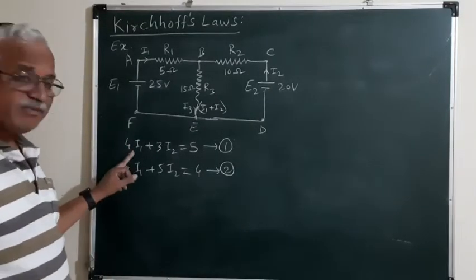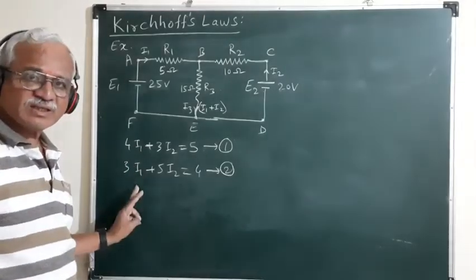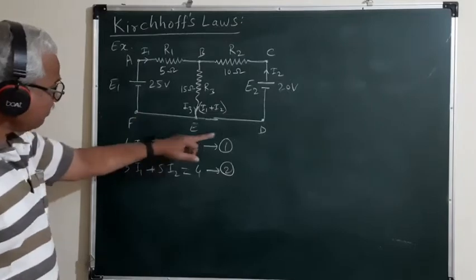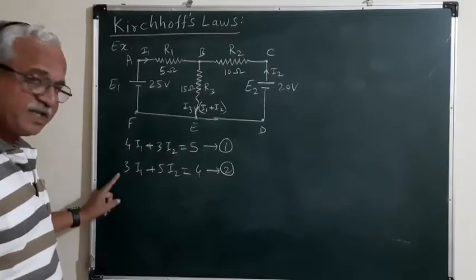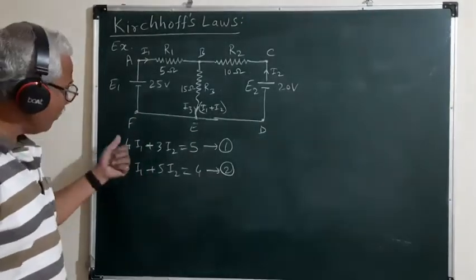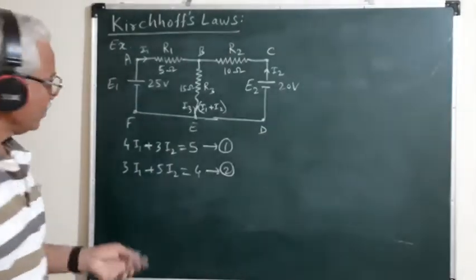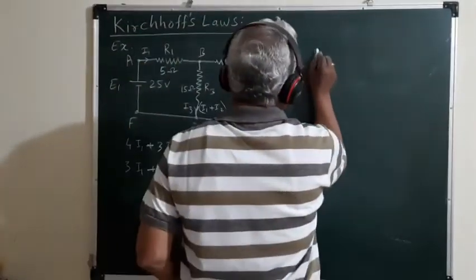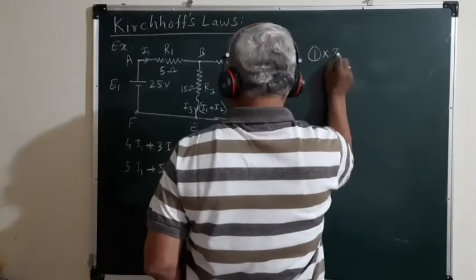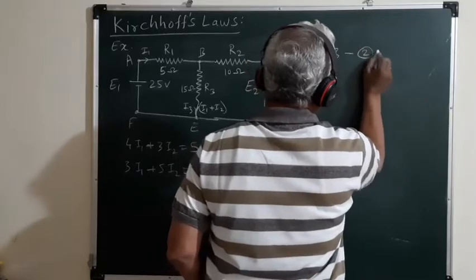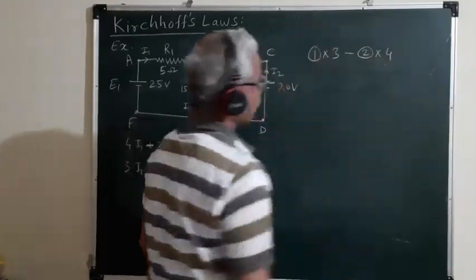When we want to eliminate I1 from these two equations, we have to multiply equation 1 by 3, equation 2 by 4 and take the subtraction of the two. So equation 1 multiplied by 3 minus equation 2 multiplied by 4.